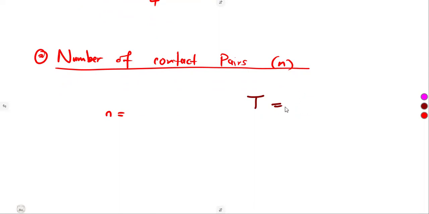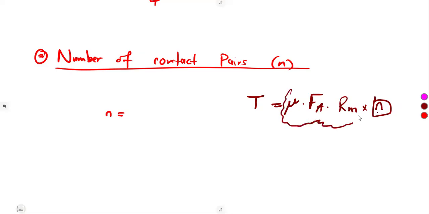The torque is given as the coefficient of friction times applied force times the mean radius times the number of contact surfaces, which are the contact pairs, which is this one. By making this the subject, by dividing by this here, we are simply going to have it as the subject.